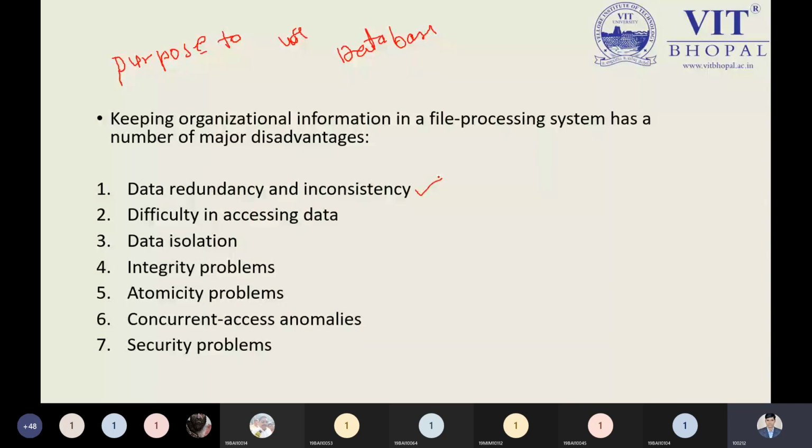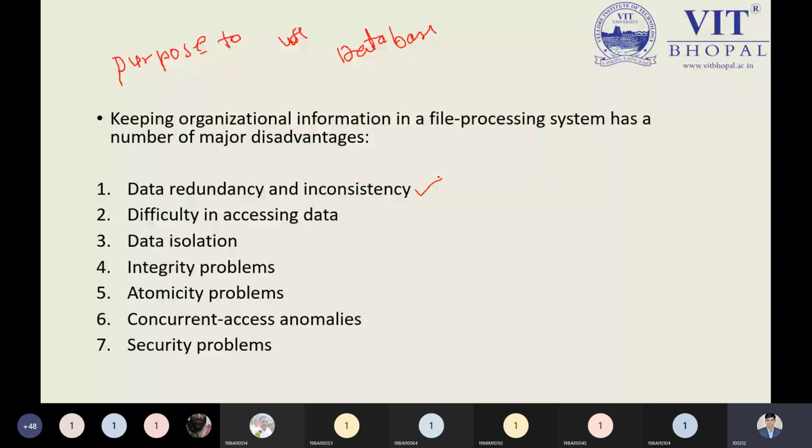But before that, let me explain a few things which are required over here. What are the drawbacks we have found in the file system, which are overcome by the database? These are the 7 points which help to enhance the properties of the storing mechanism.